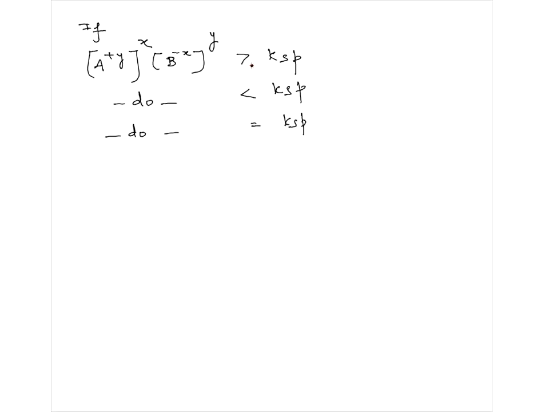If that number is more than Ksp, it means solid will precipitate. If that number is less than Ksp, it won't precipitate. It won't go to the left side. And if it is equal to, that's the limiting case.